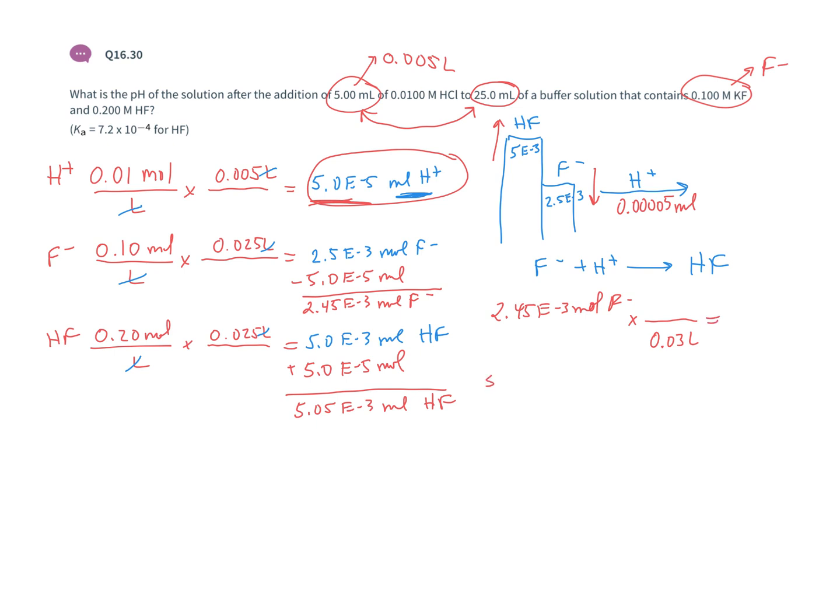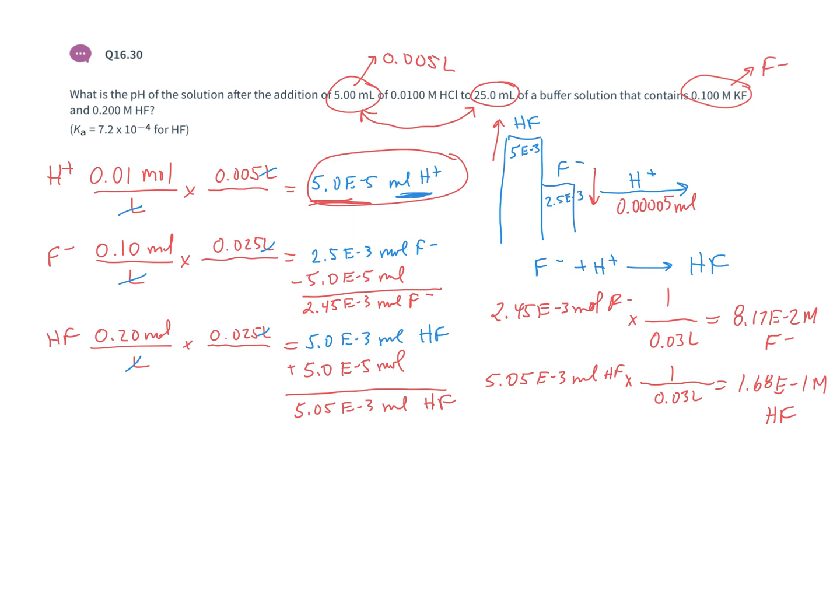Do the same calculation with my HF, 5.05 e to the negative 3 moles of HF over 0.03 liters to get my new concentration. My new concentrations for both of those are approximately 8.17 e to the negative 2 molar fluoride and 1.68 e to the negative 1 molar HF.